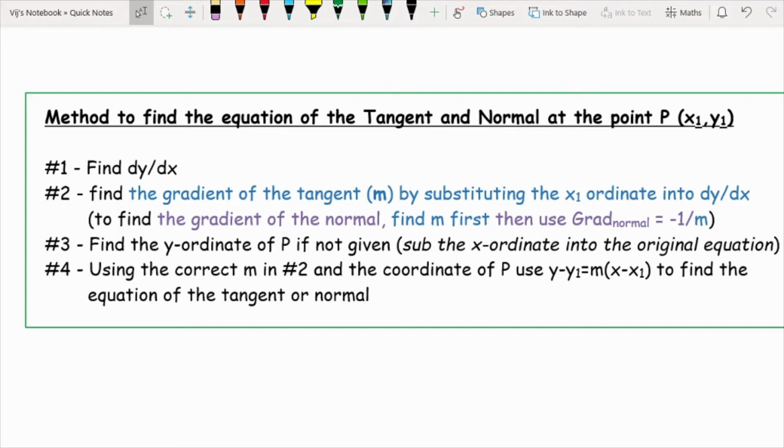So from this stage, one thing you need to make sure that you're doing is checking in the question whether they want the equation in a certain format. What I mean by that is they might want you to write your equation in the form of y equals mx plus c. They might want you to write the equation as ay plus bx equals c.